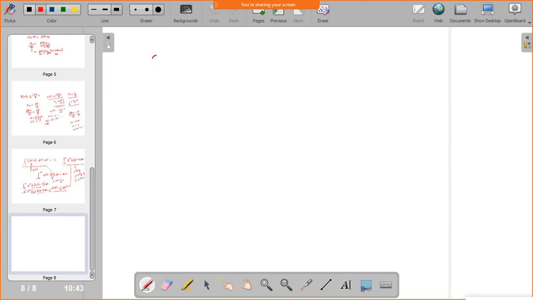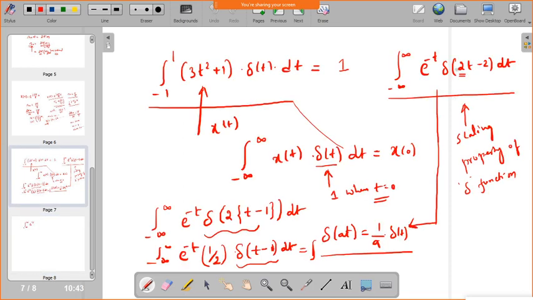Sir, explain once again. Okay, just a minute. So here this is the problem, e power minus t into del of 2t minus 2 into dt, right? Hello.